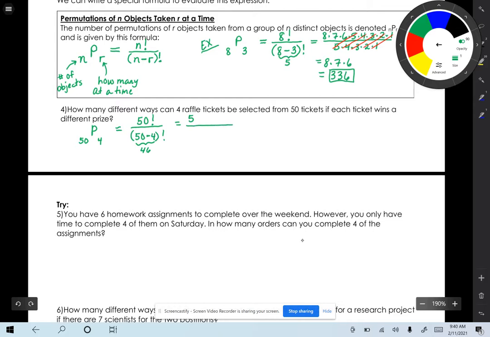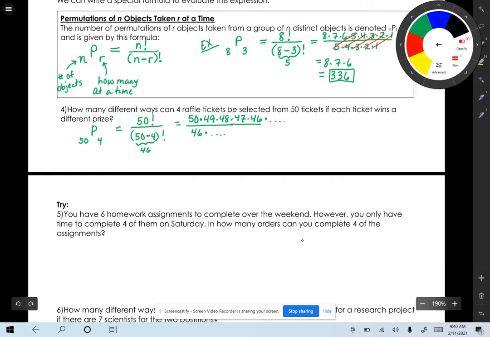So what you do is you start with, well, actually start with the top one, 50, but count down only all the way to 46. So 50 times 49 times 48 times 47 times 46. Why? Because in the denominator, we're starting at 46, which is 46 times 45 times 44 times everything after. 46 is going to cancel because there's going to be more numbers here and there's going to be more numbers here.